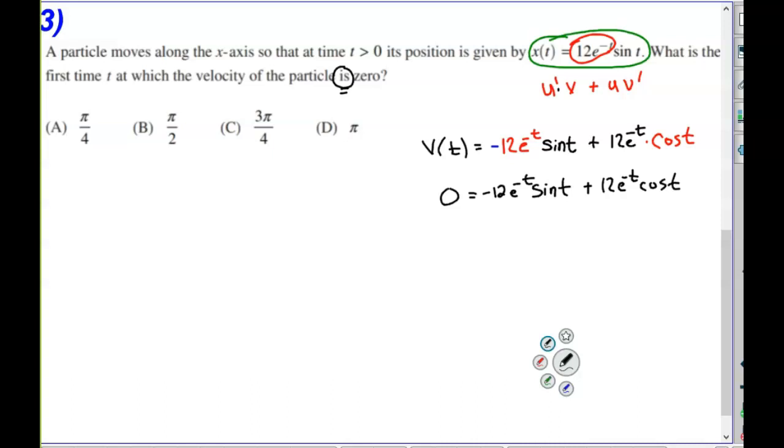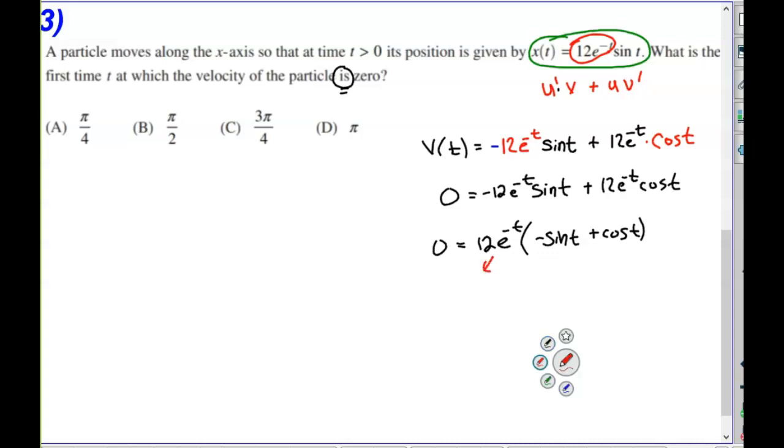Perfect. Factor out a 12e to the negative t. And you could even factor out a negative if you want. It doesn't really matter. But if I factor out this piece, I've got the negative sign plus cosine. And now I have the zero product property.